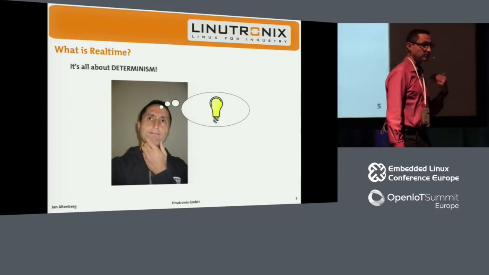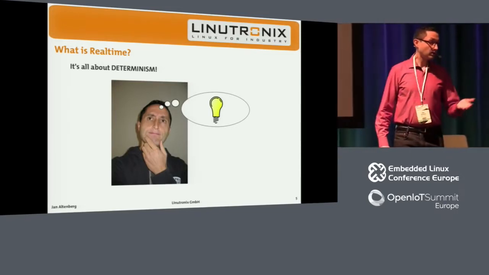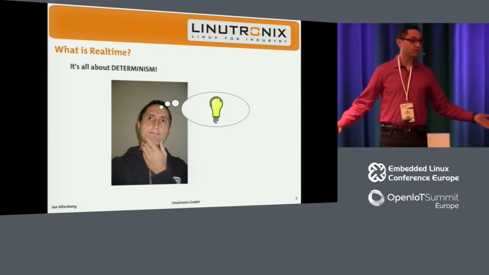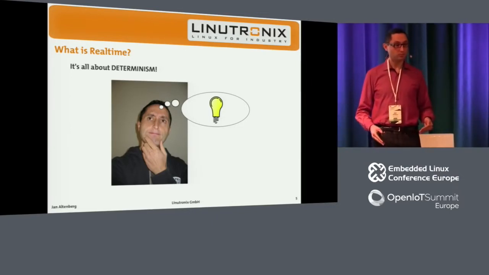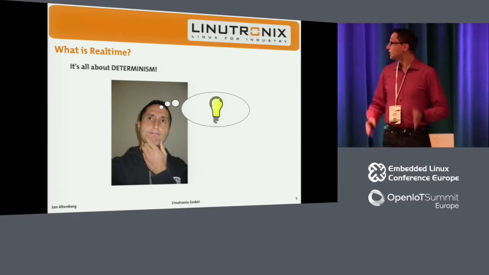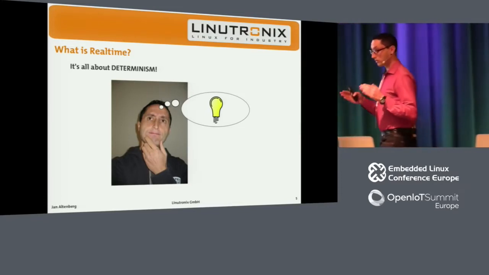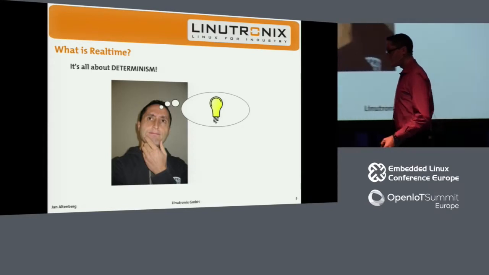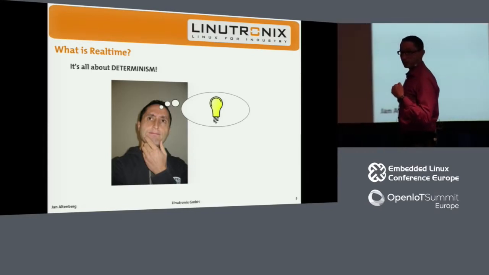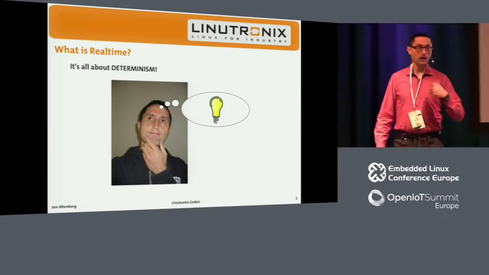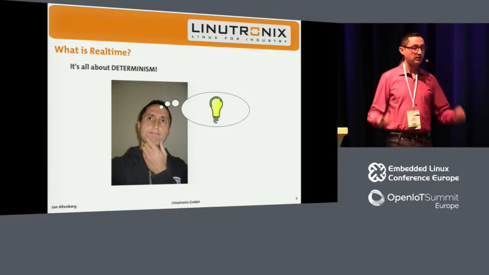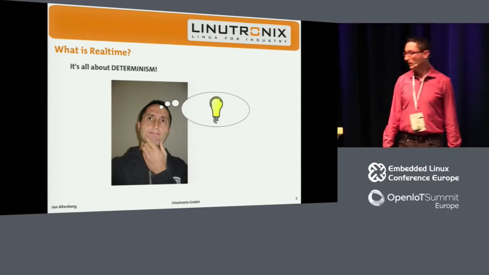And this is the thing which is important about real-time. If 30 seconds is enough for you, well, it's okay. It's your definition of real-time, but you need a guarantee to meet this. So this is really important to get this point. When we talk about real-time, it's all about determinism. So when I talk about Linux and real-time today, I'm going to talk about deterministic timing behavior with Linux. This is basically the idea of this talk.